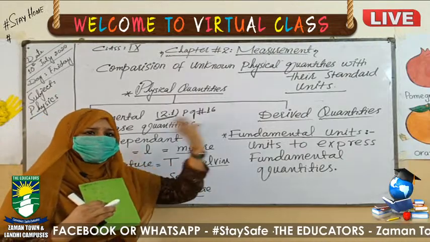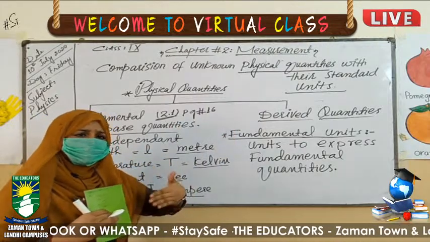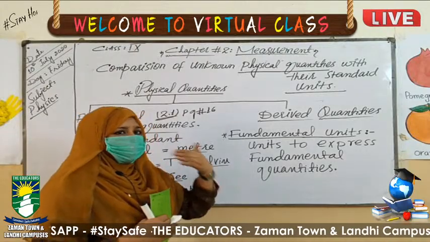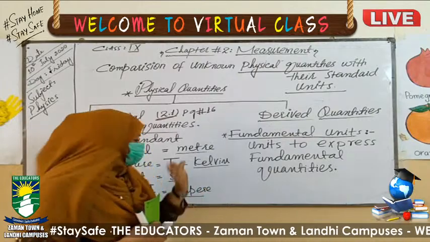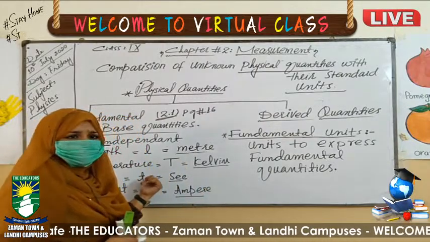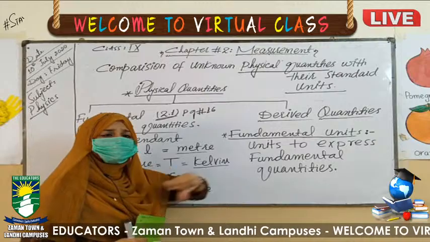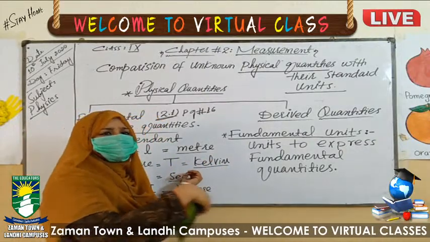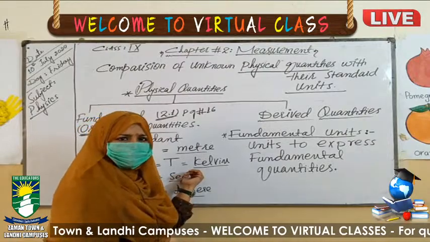Temperature can be higher or lower. At that time, what will be the temperature? It will be the physical quantity of that car. Similarly, we have time, meaning at what speed it moves. That will include time to calculate the speed of that car. Fine.